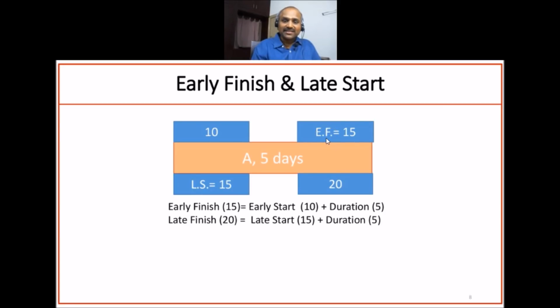So early finish is equal to early start plus duration. Similarly, late start is 15 days in this example, and if you add 5 days to this, it becomes 20 days. So late finish, which is 20 days, is equal to 15 days, which is the late start, plus duration 5 days. So this is another example just to show you how to denote early finish, early start, late finish, and late start.